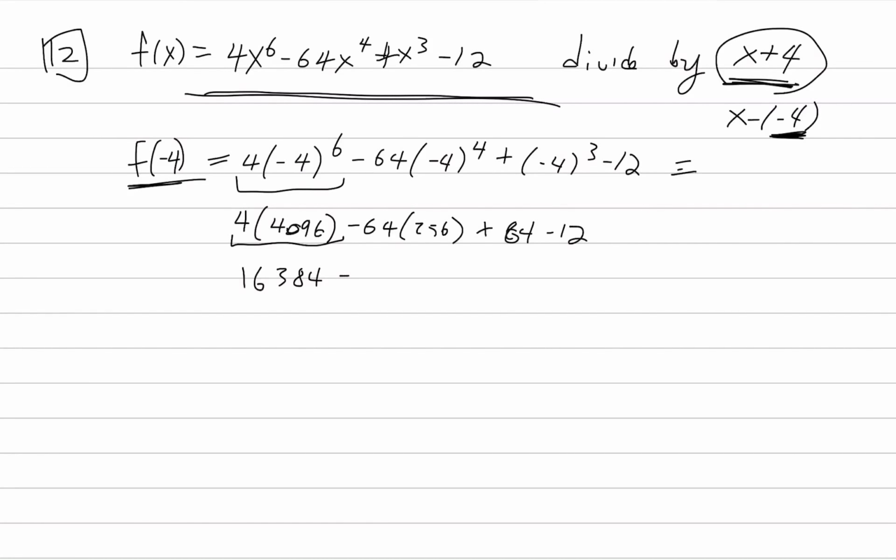Minus 64 times 256 is, oh, actually, let me do that again. Yeah, so 64 times 256. Hold on, let me just make sure. 256 times 64 gives me 4.